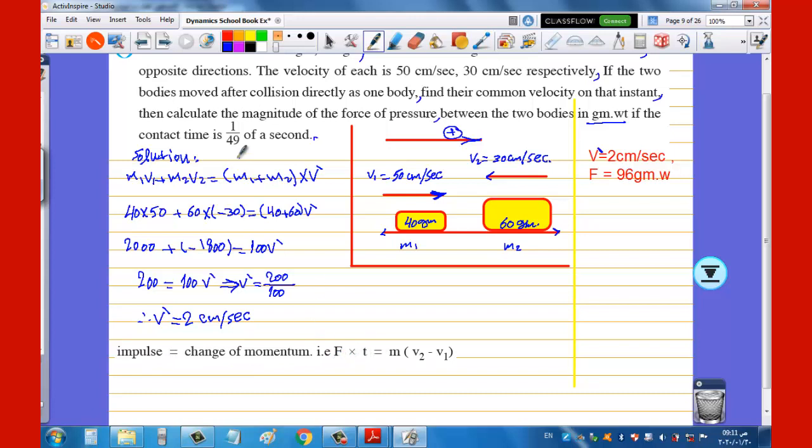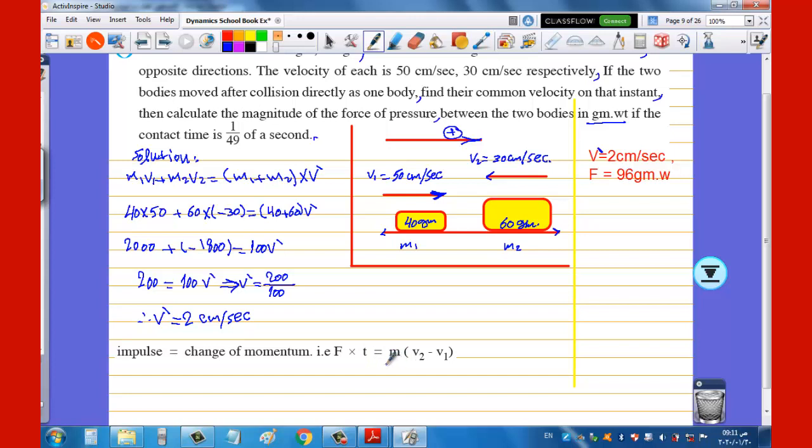T, it is the contact time, 1/49 of seconds. Again, impulse equals the change of momentum. It means F multiply T equals M multiply V2 minus V1. F is the force of pressure. T is the time of contact.